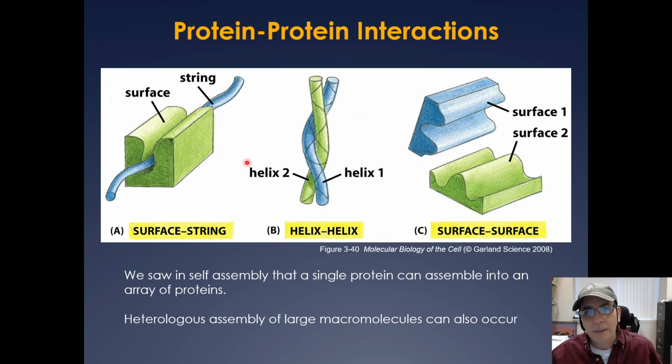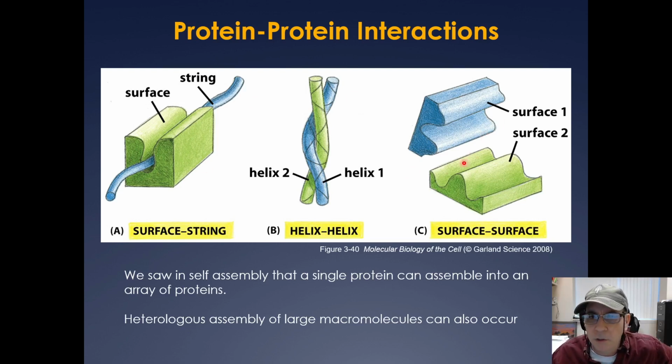And so, these are crude diagrams of how things interact. This one's not so crude. It actually occurs, but you can think of this surface and string coming together almost in the same way that an antibody would recognize an antigen, and if you had a protein-protein interaction where two large globular proteins come together and their surfaces touch, you can think of the surface.